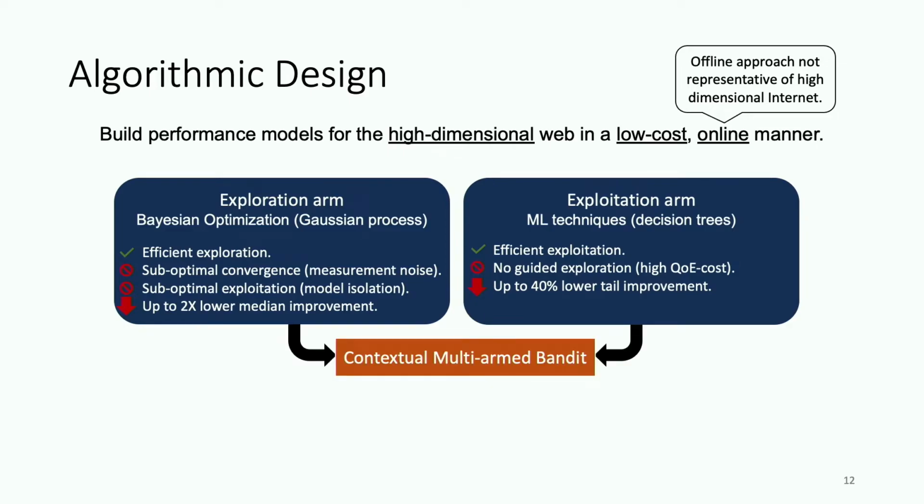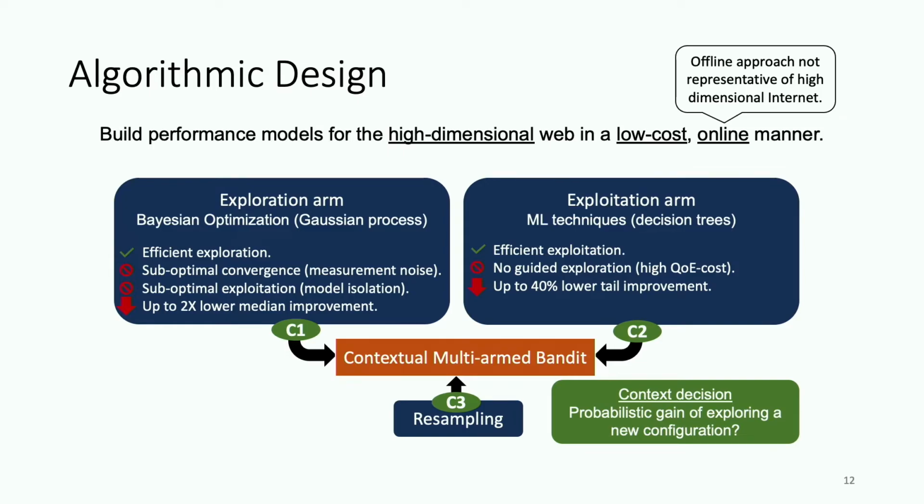As the individual algorithms do not address our domain-specific needs, the key idea behind our algorithm is to use the best of both worlds by designing a contextual multi-arm bandit. This contextual multi-arm bandit has an exploration arm that uses a Gaussian process and an exploitation arm that uses machine-learning-based decision trees. To address the issues regarding noise, we also have a third resampling arm that re-evaluates all data points and consolidates the Gaussian process performance models.